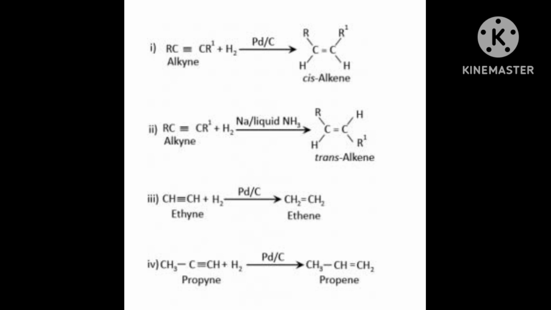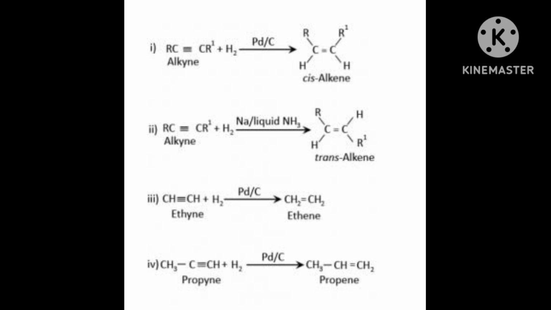They have given a total of 4 compounds, and you have to find out which of these will show cis-trans isomerism.